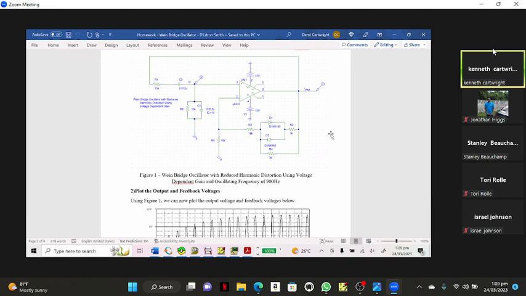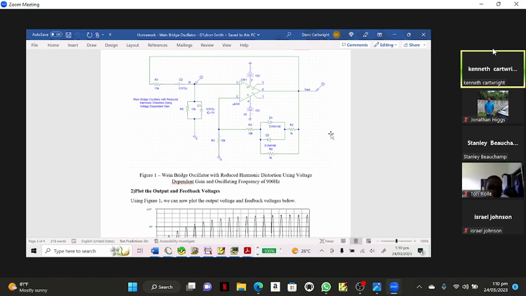So 1K and 3K in parallel is how much? 750 ohms.